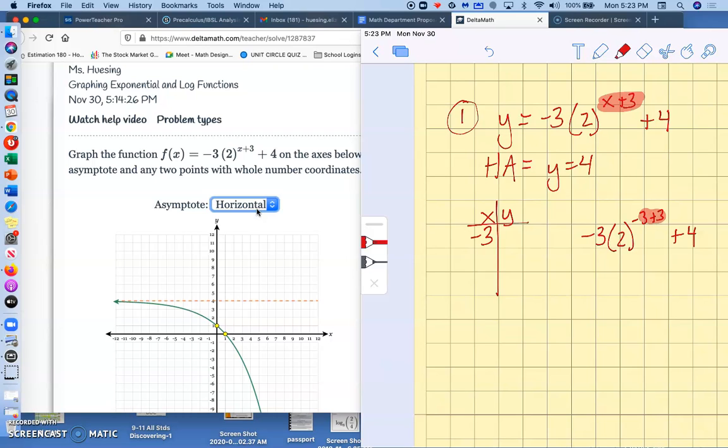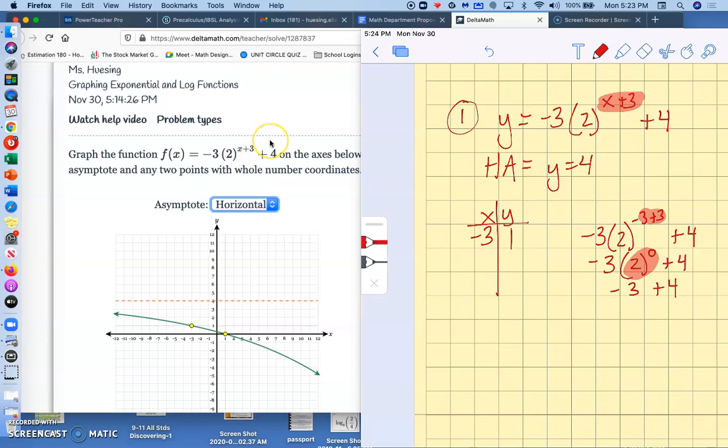Well, we know anything to the 0 power is 1. So -3 times 2 to the 0 plus 4. So this is really just 1. So it's -3 plus 4, which is 1. So we can graph the coordinate -3, 1.